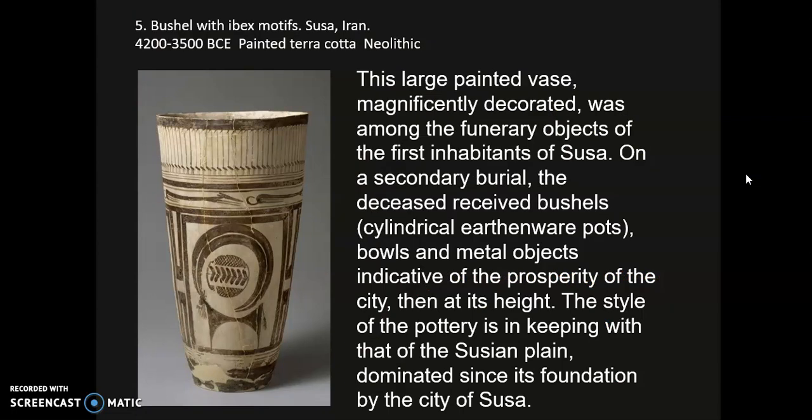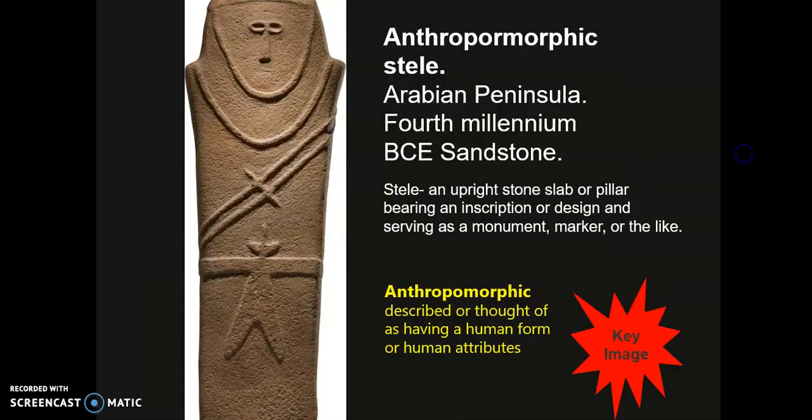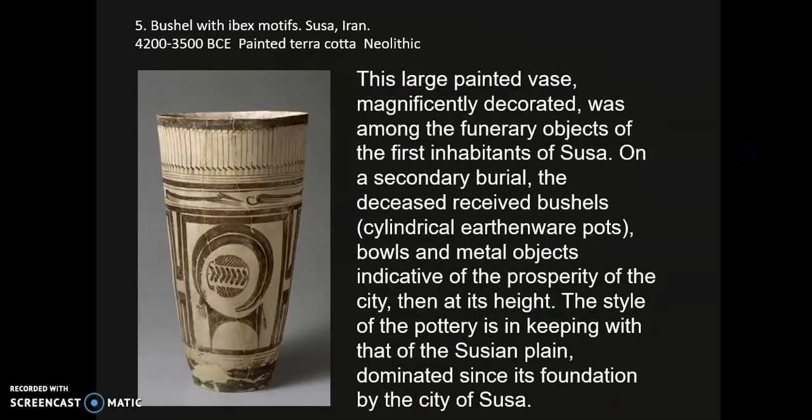First of all, you need to consider where this is. This is in the area of Susa, and during this time, I don't have a map, but during this time, the Arabian Peninsula was an area that would have had a lot of water.